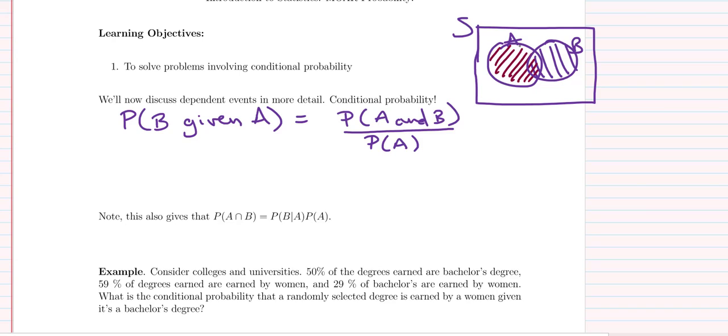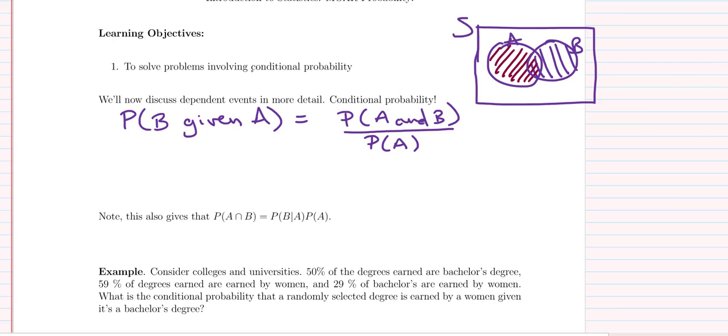Okay, so A has to occur first, which is why we're looking at a proportion over the probability of A, and then B has to occur as well. So we are essentially looking at the intersection of A and B, but what proportion of A does B also occur? Okay, I hope that makes sense.